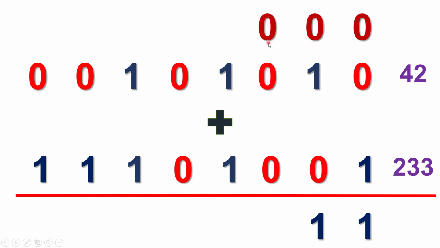Therefore, the carry here is 0. 0 plus 0 plus 0, the sum is 0 and the carry is 0. So here 0 plus 1 plus 1. So addition of these three is in binary 1 plus 1. The sum is 0 and it generates a carry. That is how we write here.